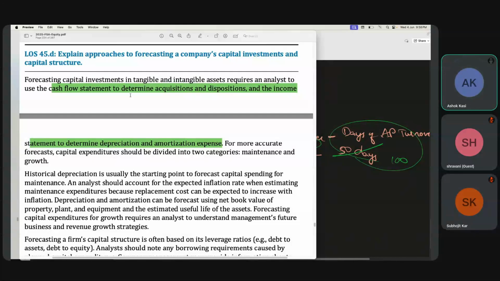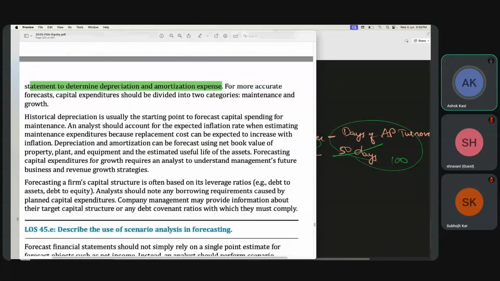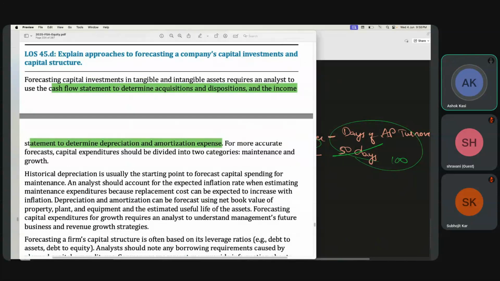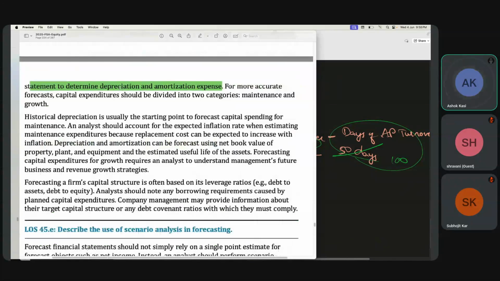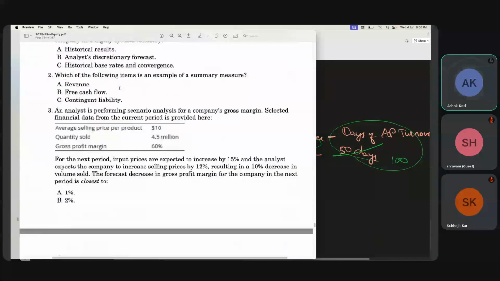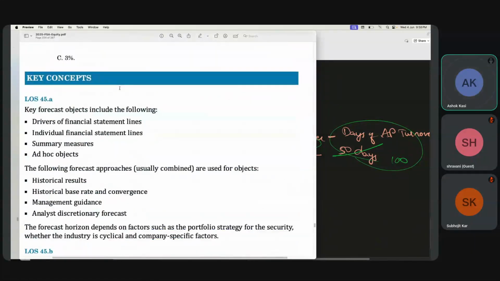This we will be learning in FSA. So don't worry about what the cash flow statement is. Basically, it is all about taking only the cash transactions of the company, ignoring all credit sales, credit purchases, and so on. We will see that in detail in the FSA subject.